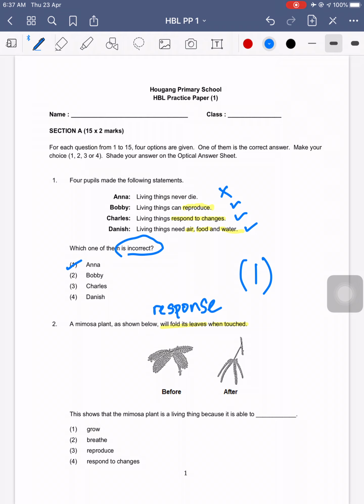This is the response from the plant, and it's when the leaves are being touched. So this touching part is actually the change. So this shows that the mimosa plant is a living thing because it's able to respond to changes.